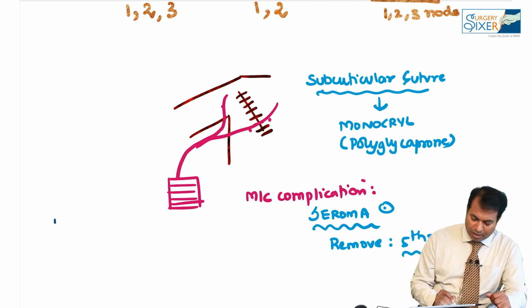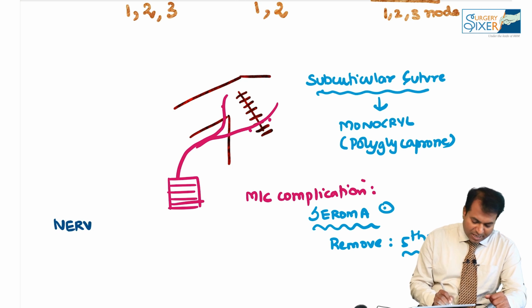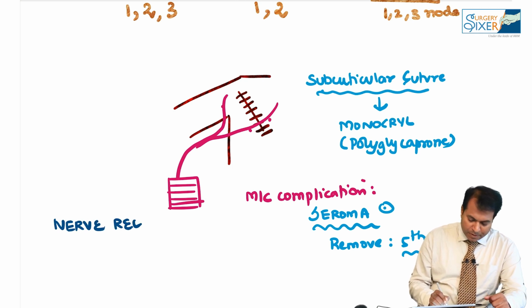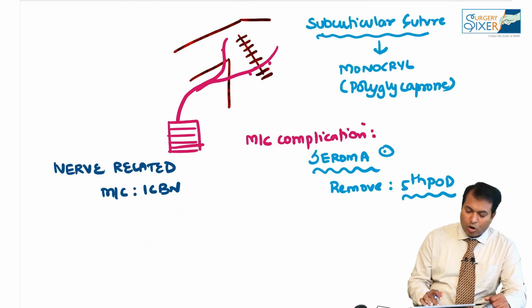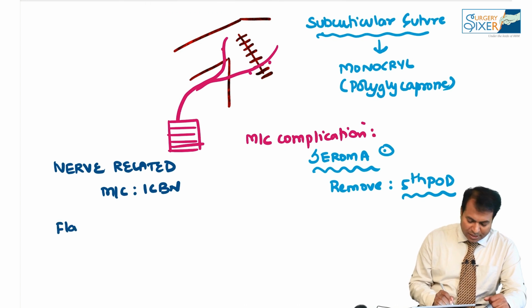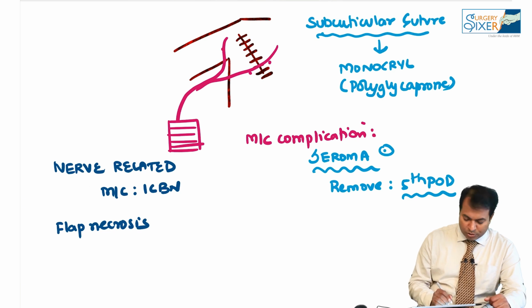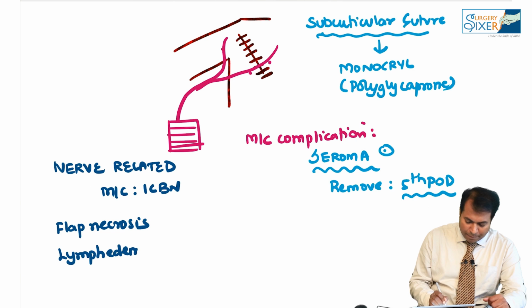Other complications are the nerve related complications. Already I told you, the nerve injured most of the time is the intercostobrachial nerve. We can get other complications like flap necrosis. In the long term, patients may get lymphedema of the arm.